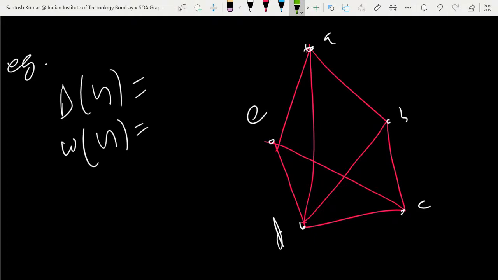So tell me quickly, what is the degree of this graph? Degree 3? Are you sure? 4, sir. Yes, see, this vertex has 4 edges outgoing, so it is going to be 4.